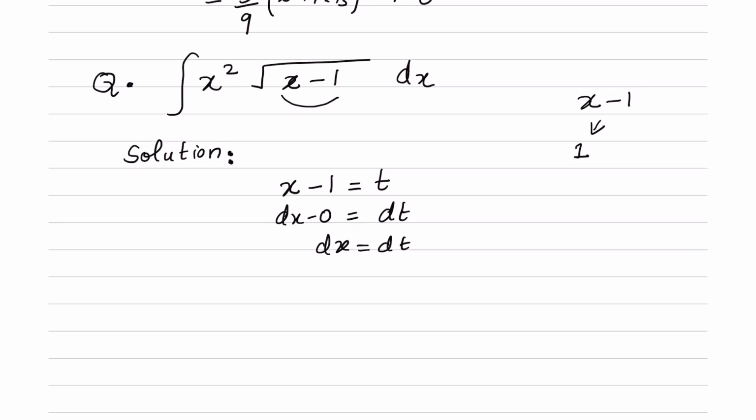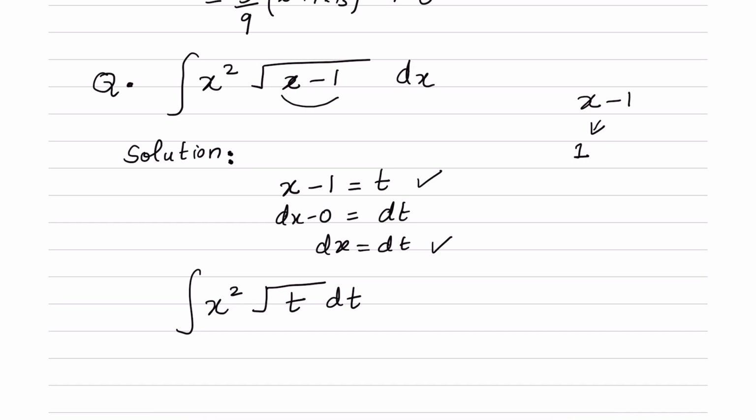Let's put the value of x minus 1 equal to t and dx is equal to dt back in our integral. We have x square square root t dt. But see, after making this substitution, our integral is in a mix of variables x and t. This should not be like this. After the substitution, the whole integral should be only in one variable.